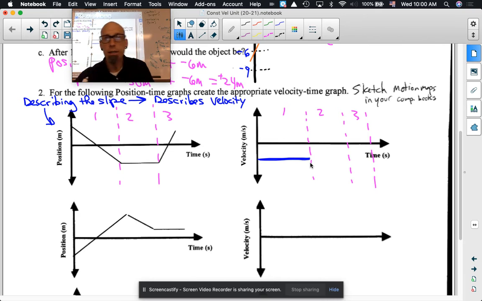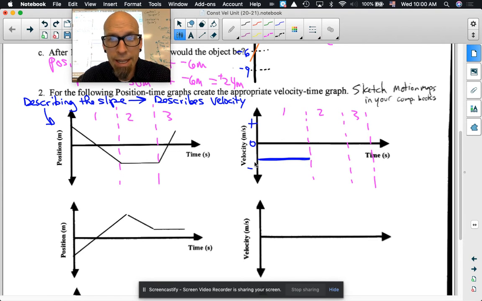It's below the zero. Remember, this is zero. These are positive velocities. These are negative velocities. So if you describe the slope of this line right here as negative slope constant, then you need to show a negative velocity that's below the zero and constant, not going up, not going down. I hope that makes sense.